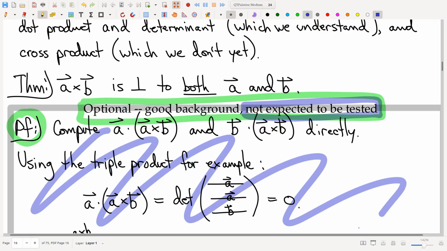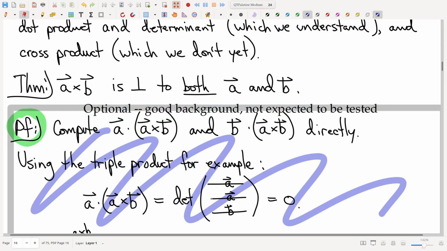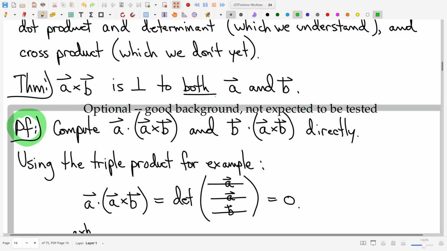Now, I do say optional because I do think it's good background. It's good practice, right? If you want to get practice in how to think about cross products and how to use geometric interpretations of these various tools that we're talking about and how to relate ideas to other ideas, I think this stuff's fabulous.